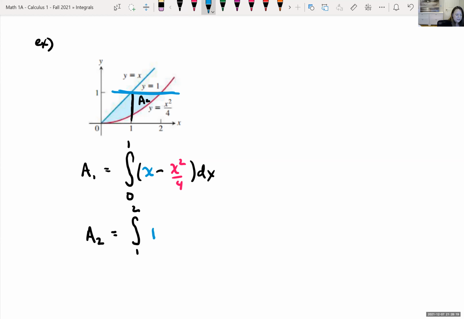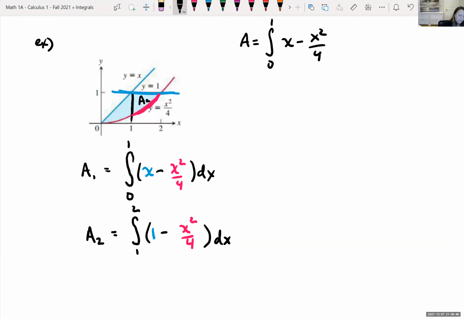So we have 1 minus the lower curve, which again is x squared over 4, dx. So this total area, we're going to have to sum both of those up. If these were the same bounds, we could rewrite this as a single integral, but they're not the same bounds on our integral, so we cannot do that.